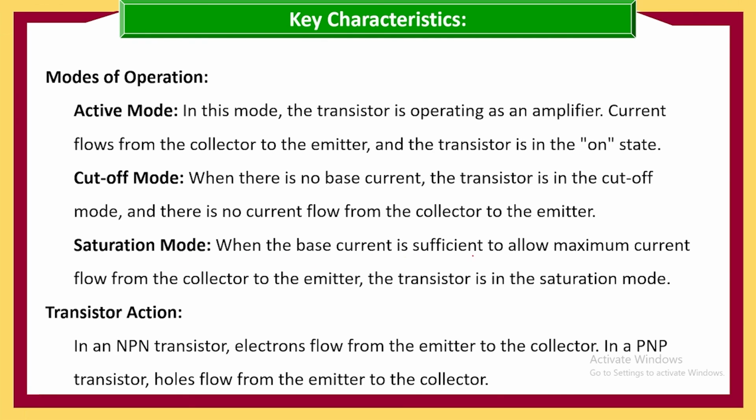When the base current is sufficient to allow maximum current flow from the collector to the emitter, the transistor is in saturation mode. Next is the transistor action. In an NPN transistor, electrons flow from emitter to collector. In a PNP transistor, holes flow from emitter to collector.